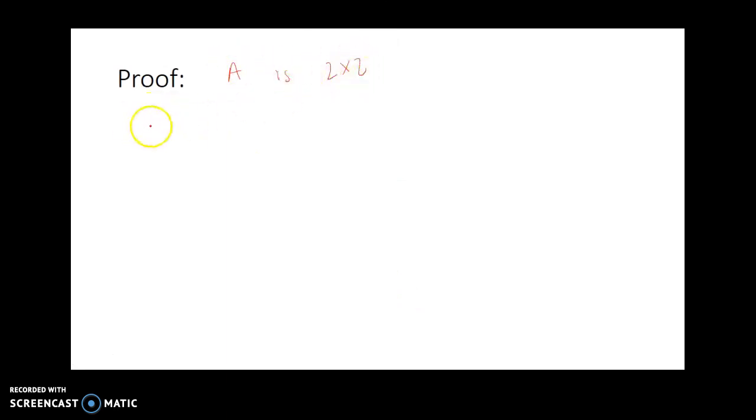Now, if my initial state, x naught, as long as the eigenvectors v1 and v2 are linearly independent, that means I can create any vector in the space that v1 and v2 span.